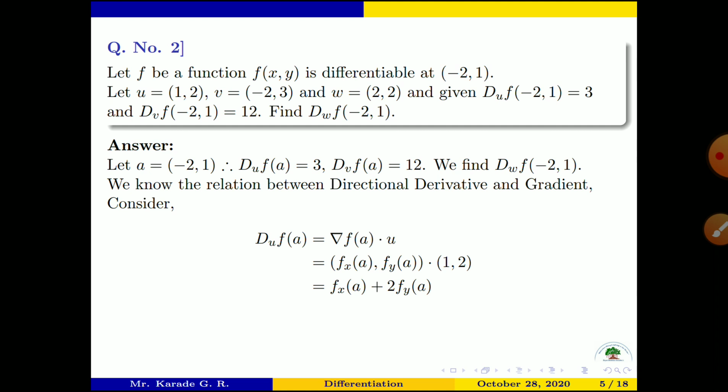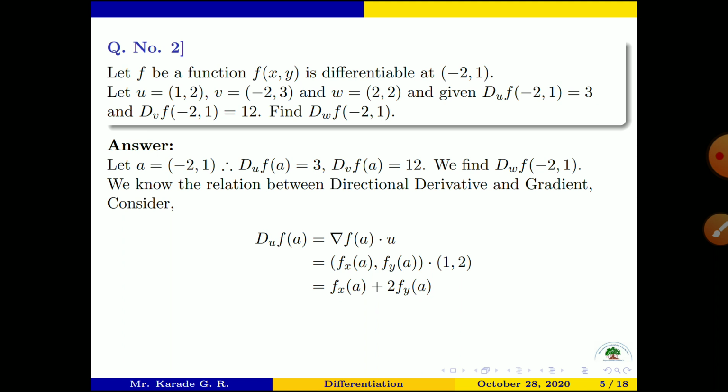The relation is D_u f(a) = grad f(a) dot product with vector u. On the right hand side we write the gradient of f at point a, which is a vector with two components, fx(a) and fy(a), dot product with vector u, and u vector is (1, 2).